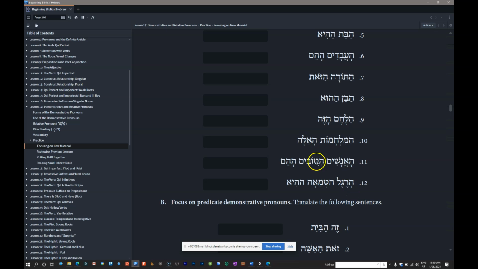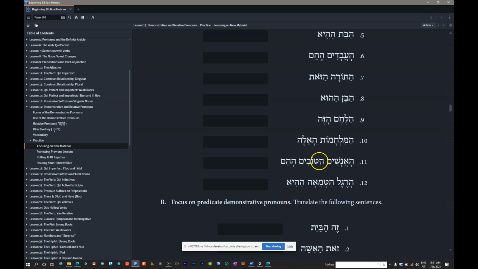Now number 12 here and number 11, these two are interesting because you've got more than just two words here. So number 11, you've got ha-anashim, ha-tovim, ha-haim. If you literally just translated this word by word, you would have the men, the good ones, the them, or the those. Or the that, but again, that plural, so it would be the those. Since it's attributive, we know it's attributive because it comes after its noun.